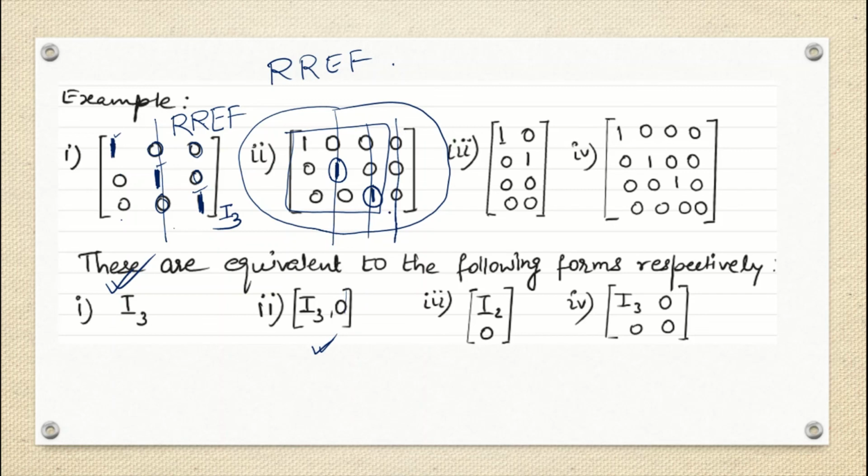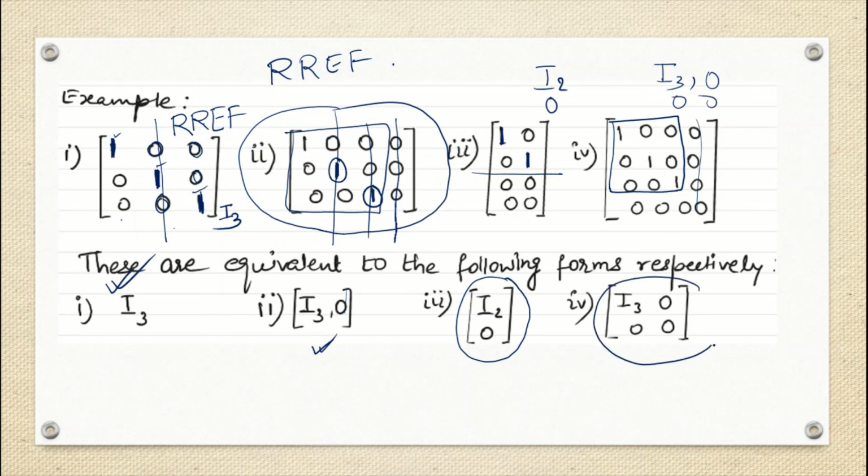Similarly, till here, this square matrix is your I2, and below I2, I have 0 rows. So this is also one of the normal forms, again in the RREF form. Till here this is your I3, then this is 0, and even below you have 0 rows also. So this is your normal form or canonical form, nothing but the RREF form.